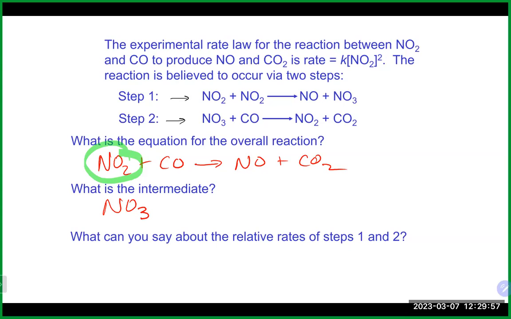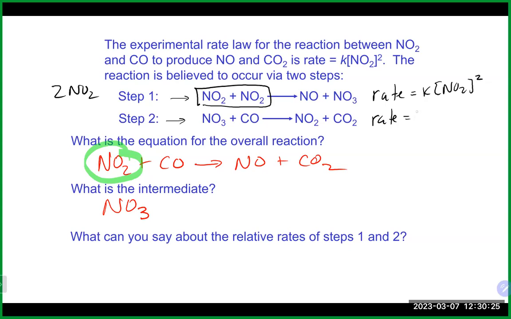For the first step, the rate is equal to the rate constant times [NO2], using the coefficient, which would be squared in this case. If we didn't separate these, this would be the same as 2NO2. We could also write a rate law for the second step: the rate is equal to k times [NO3] times [CO].